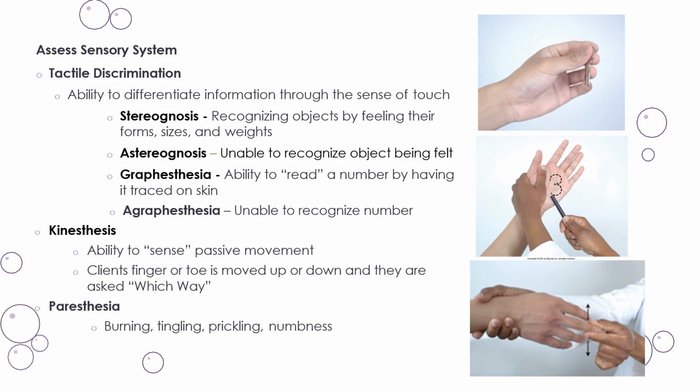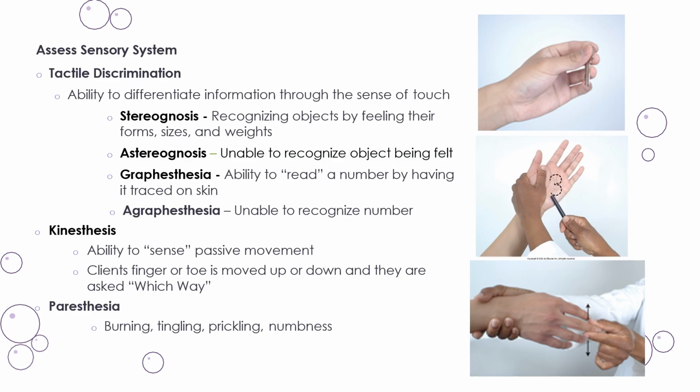Graphesthesia. This is the ability to read a number by having it traced on the inside of the hand or on the skin. So you open somebody's palm, you trace the number 3, they are able to tell you that you wrote the number 3 on the inside of their hand. With agraphesthesia, they're not able to tell you what the number was.